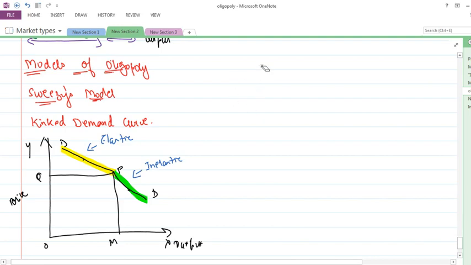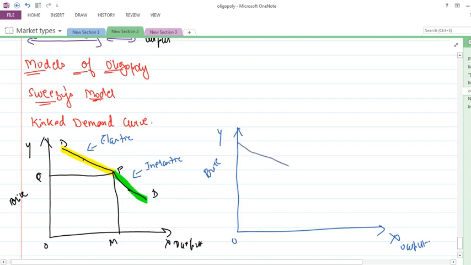So if we draw the marginal revenue curve like this, we have the y-axis, the x-axis, and this is the point of origin. Here we have the output and here we have the price.